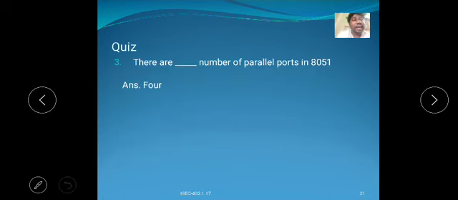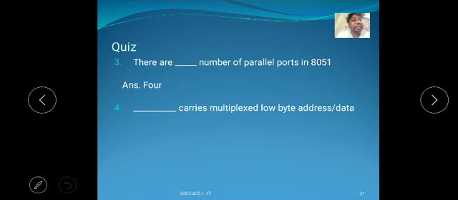There are dash number of parallel ports in the 8051 microcontroller. Answer: 4 ports: port 0, port 1, port 2 and port 3.